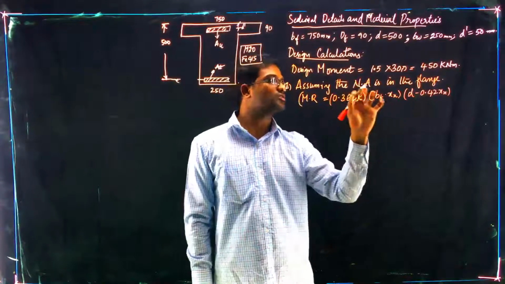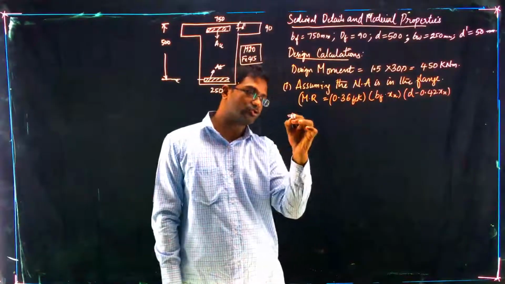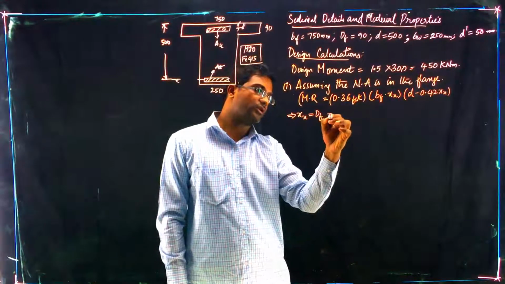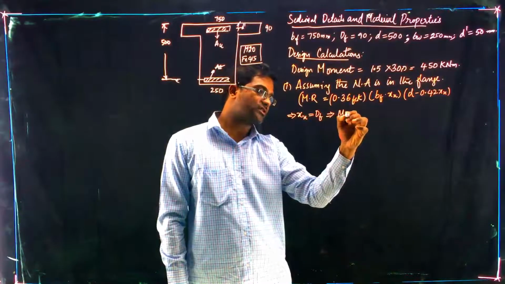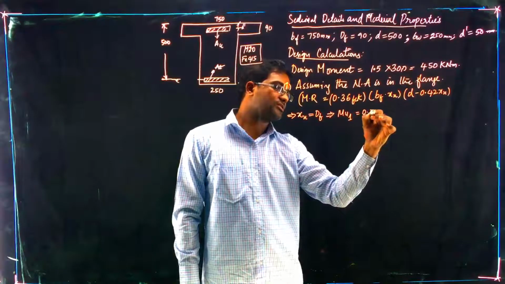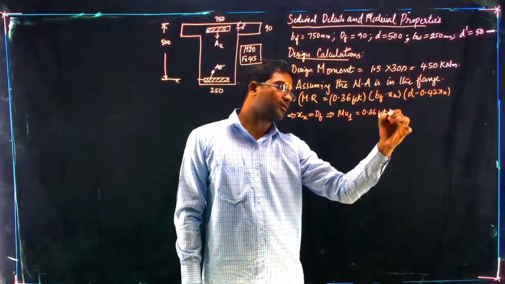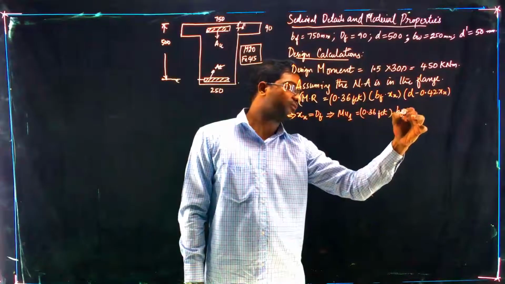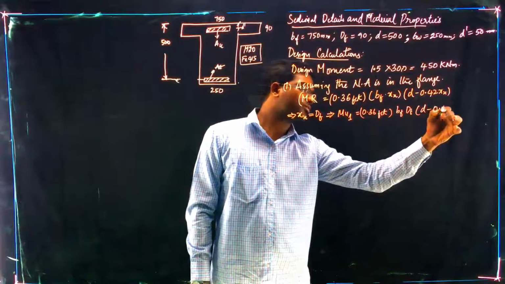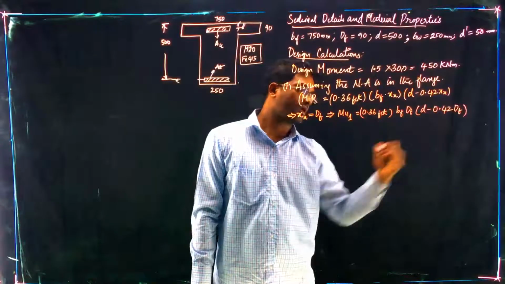As the neutral axis is within the flange, we assume XU equals DF. We denote that moment of resistance as MU1, equals 0.36 FCK BF DF into D minus 0.42 DF.